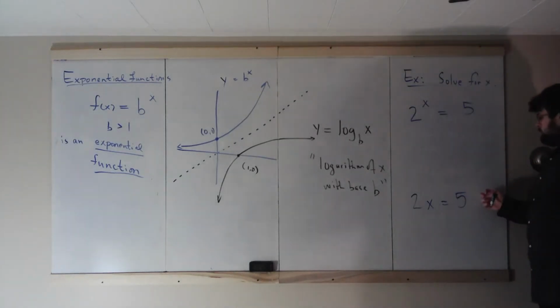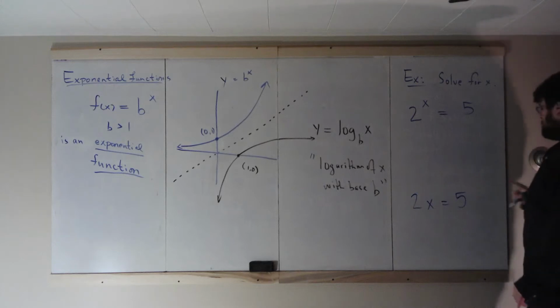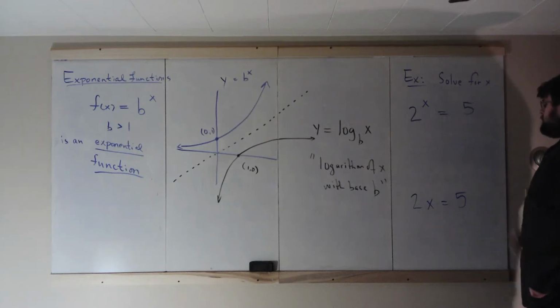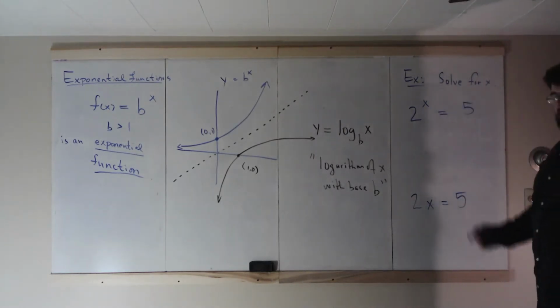How do you solve 2x equals 5 for x? Well, you look at the x, you see the x there, you think, that 2 is in the way. If I want to solve for x, I need to get rid of that 2. How can I get rid of that 2?